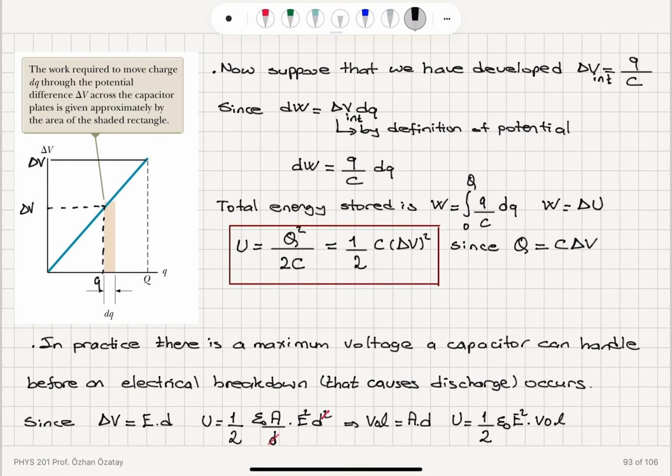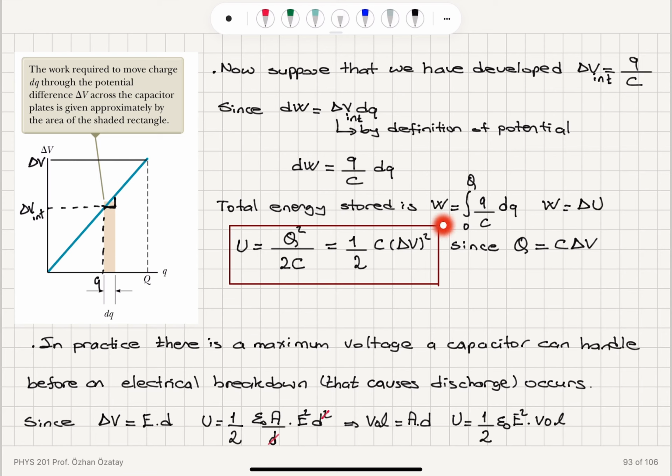So this is my delta V intermediate. Now I'm introducing more charge dq, so that the potential will change by a little amount. The differential work done, dW, is Q over C dq. So I'm transferring charges dq in the presence of the potential delta V intermediate.